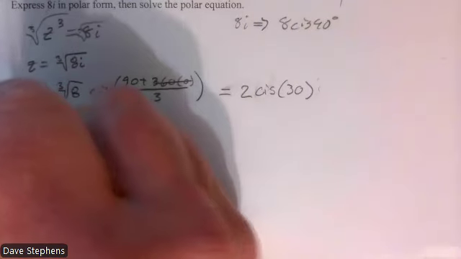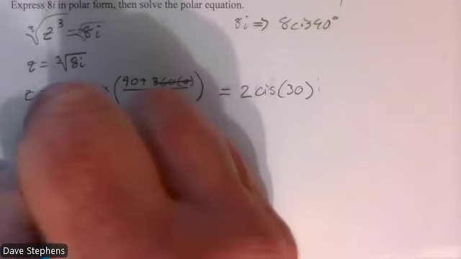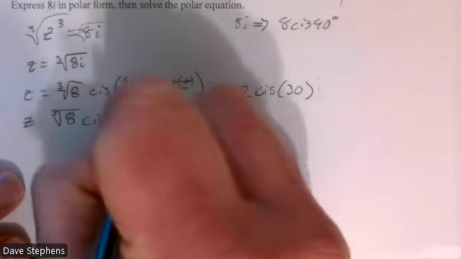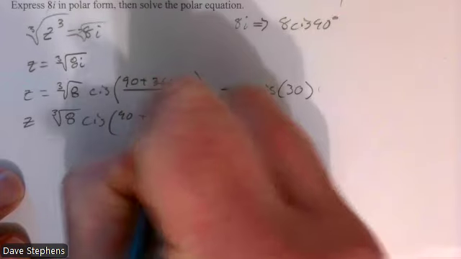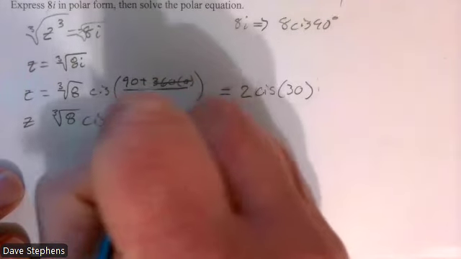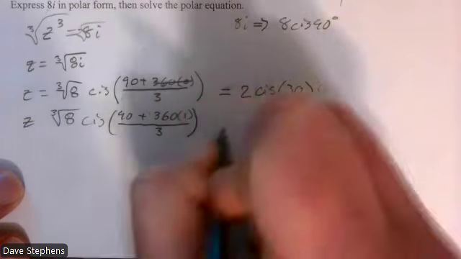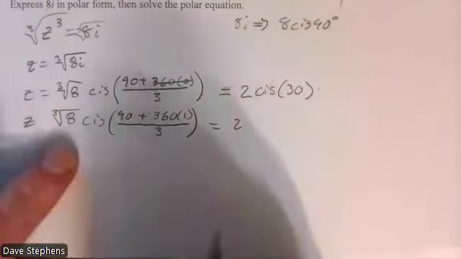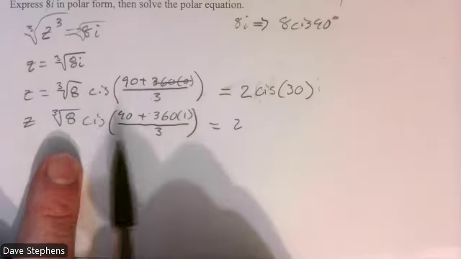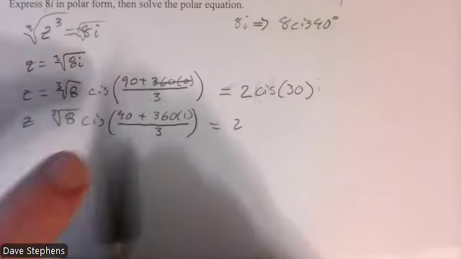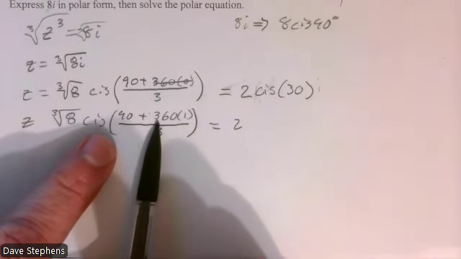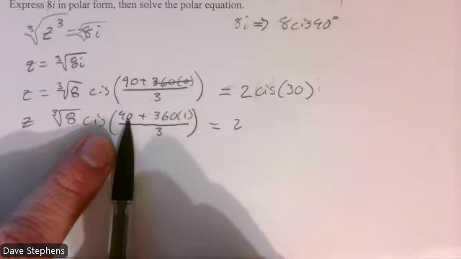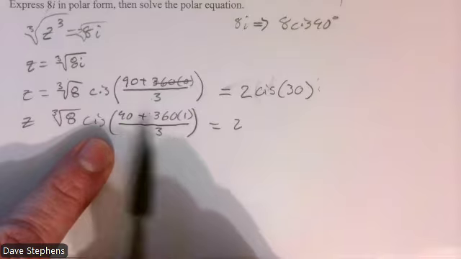So the cube root of 8, CIS, 90 plus 360 times 1, all divided by 3. We know the cube root of 8 is 2. I guess I can quit writing it like that, but I like putting the formula together the whole way through. So 360 plus 90 divided by 3.